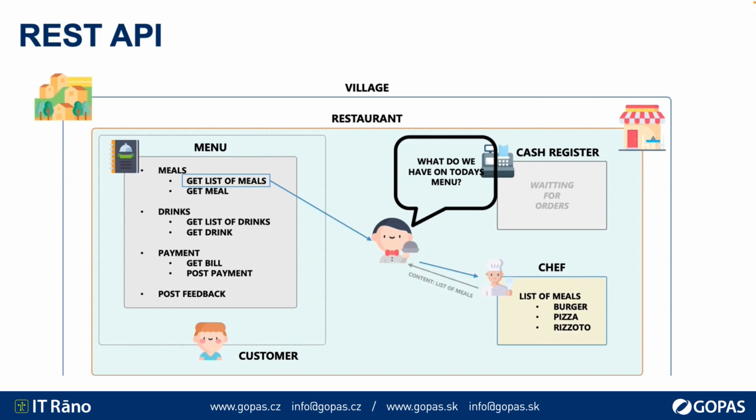The chef will generate the list of the meals that they are preparing for today, which is burger, pizza, and risotto. And API as a waiter will come back to us and bring us this list. So finally, we know which meals are prepared in this restaurant.